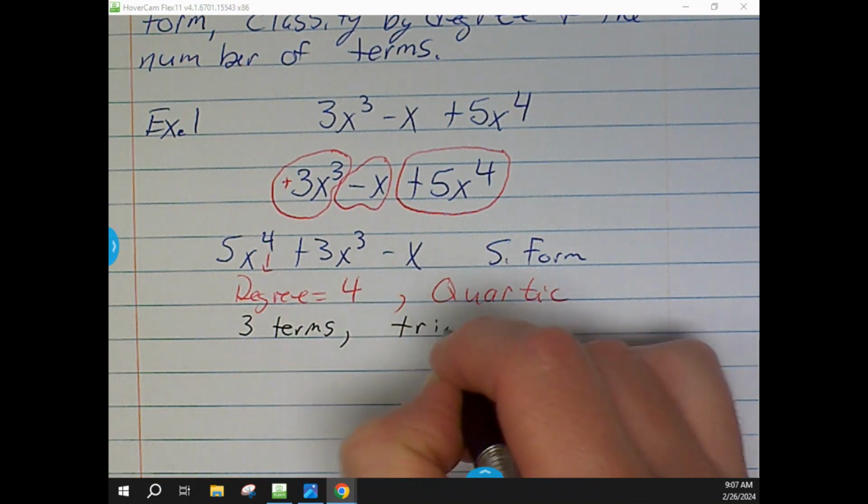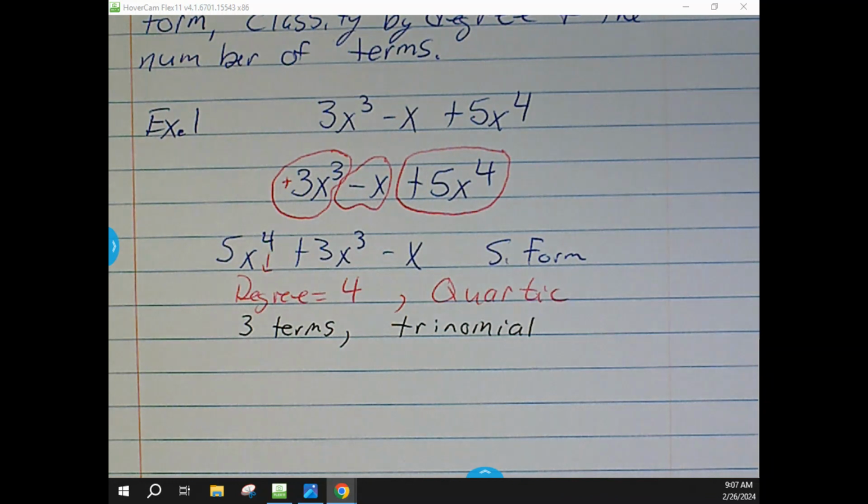Again, if we name it by a specific name, that would make it a trinomial. All right, everybody good at that so far? Nothing too crazy.